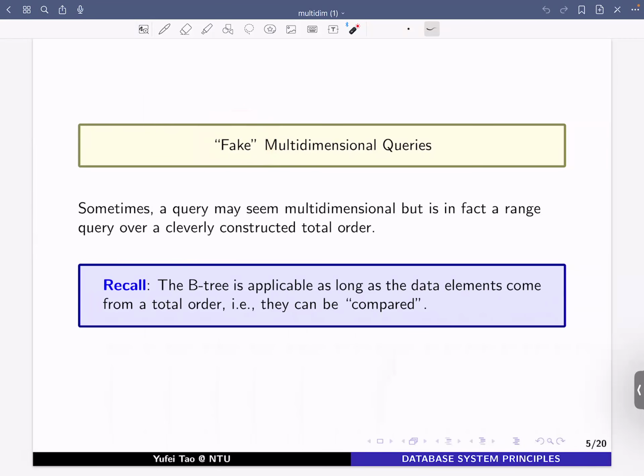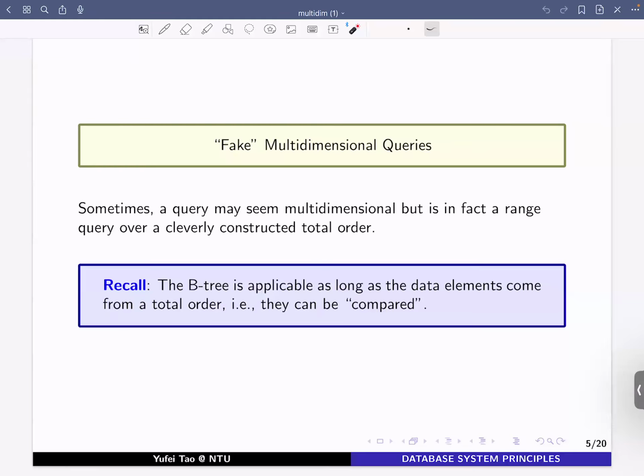As you will see, the B tree will be able to handle certain multidimensional queries. However, in essence, these queries are not genuinely multidimensional. They appear to be multidimensional, but they are actually one-dimensional. This is quite bizarre and counterintuitive, but on the other hand, you will see it's true in an interesting way.